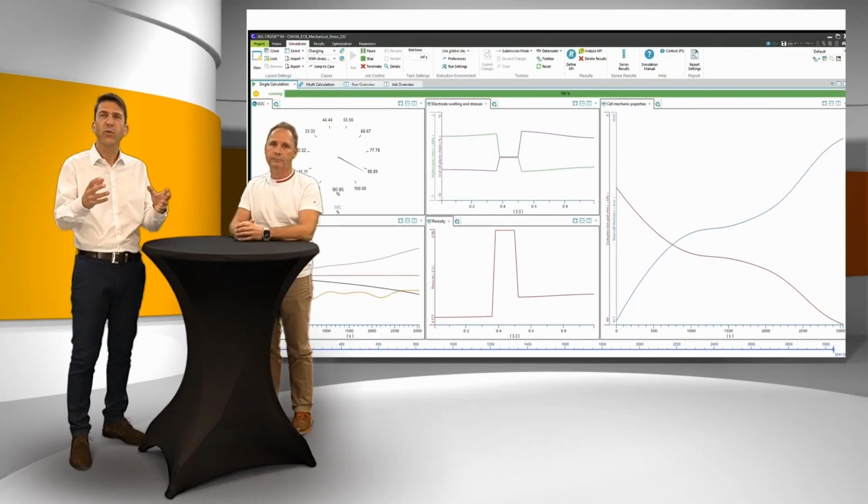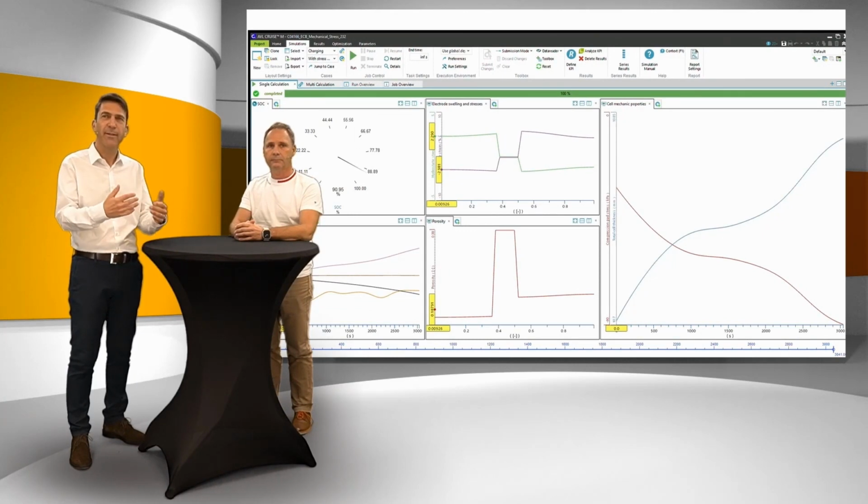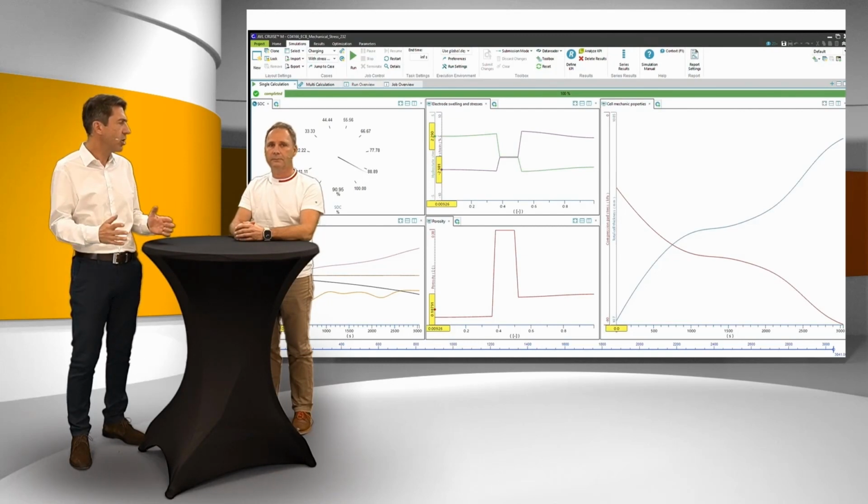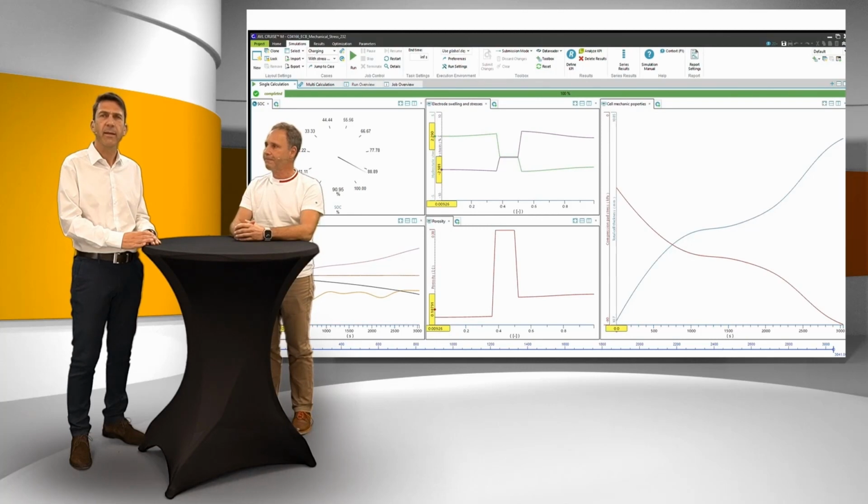That's really great to see the deep dive into the cell, looking even inside the particles. When we see that the real time of a whole charging process takes 50 minutes, what does this mean for the engineer as a simulation time? How long does this take?